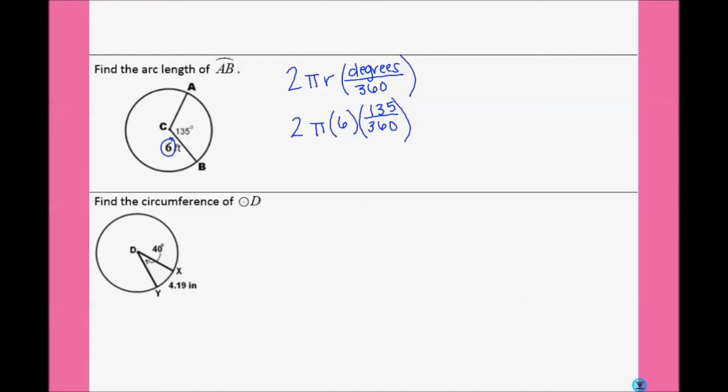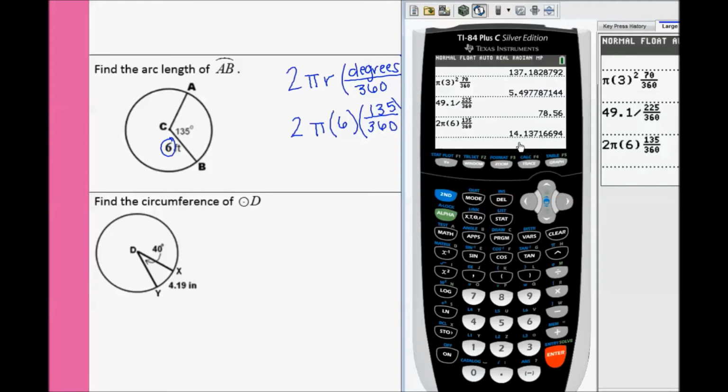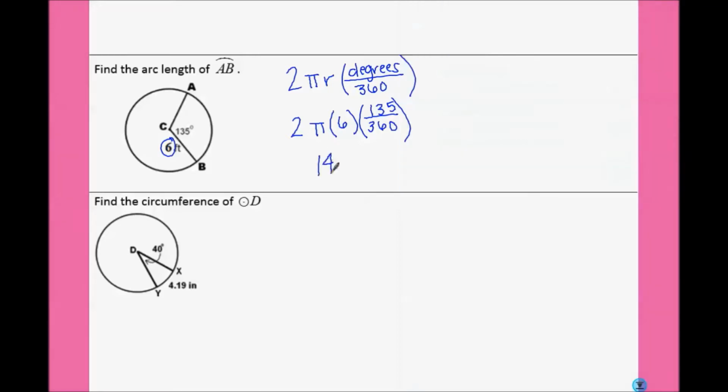Put it in our calculator. 2 pi times 6 times 135 over 360. And then we get the arc is 14.14, and we're measuring in feet.